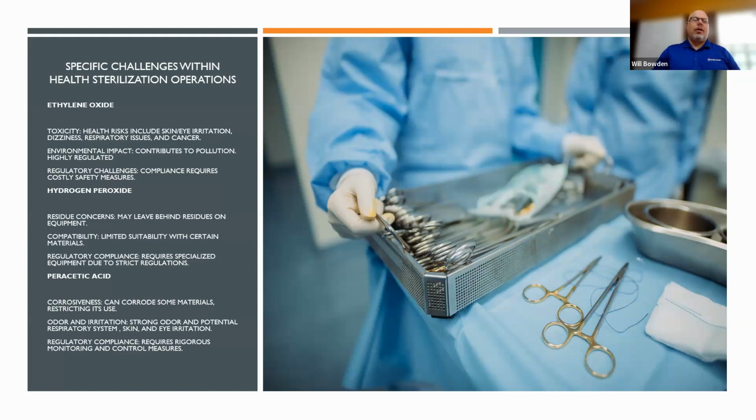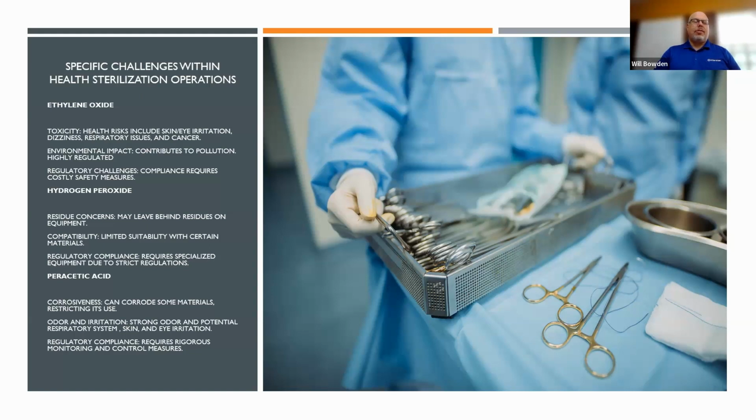Regulatory challenges include the compliance requiring costly safety measures, which we'll get into detail in some situations in the past here soon. Next item on our list is hydrogen peroxide. In terms of hydrogen peroxide and its uses, we have residue concerns, may leave behind some residues on some equipment.